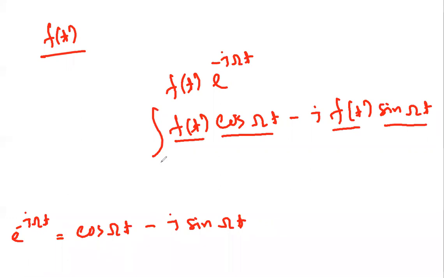First we multiply f(t) with cos omega t, and then we do the summation from minus infinity to plus infinity for both cases, with dt, because we are multiplying over the time factor.